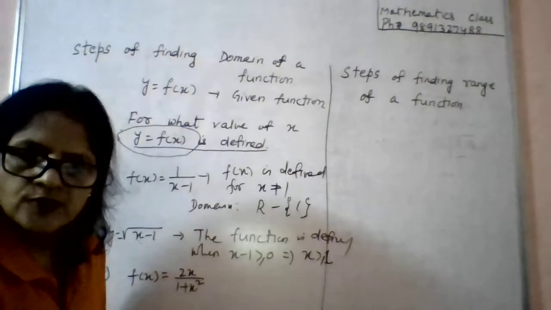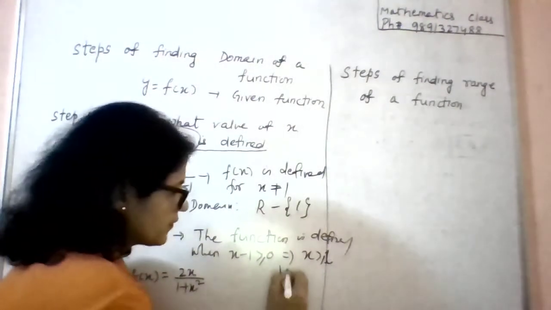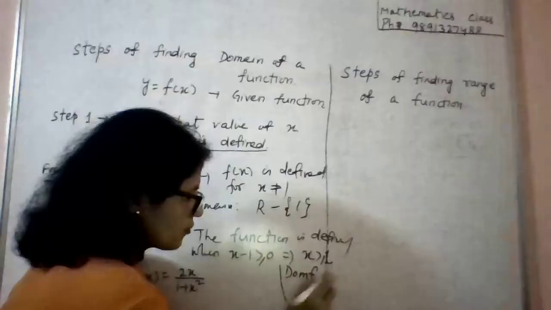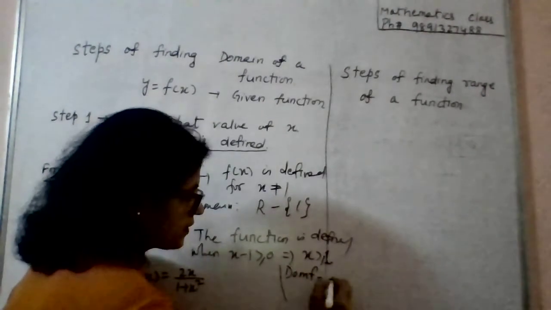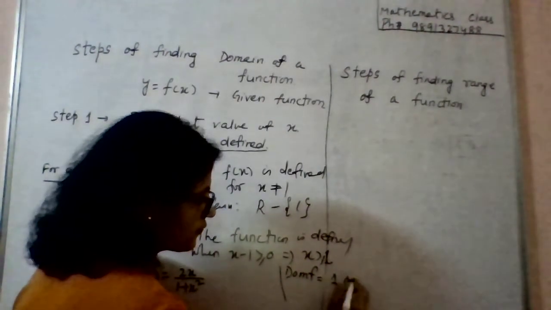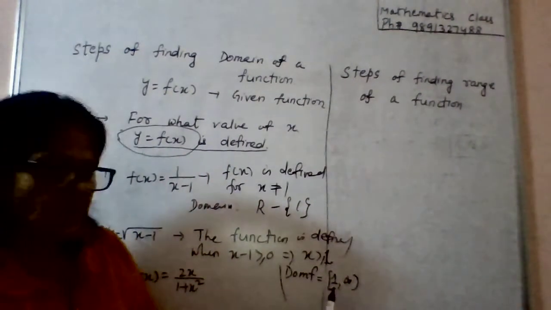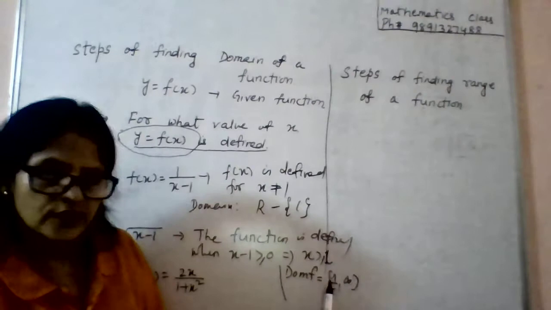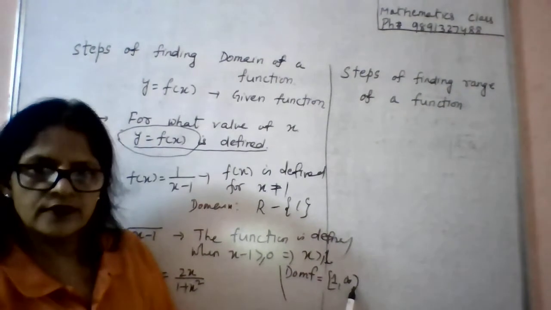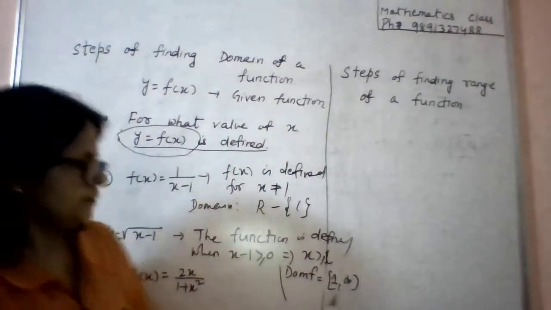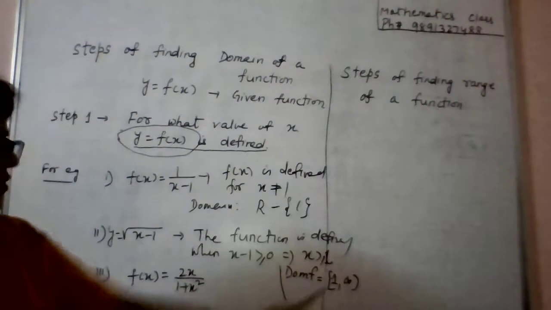The set of all values of x. Here you can write the domain of the function is [1, infinity), right? Greater than or equal to 1, so 1 is included, I mean 1 closed, and infinity, as you know, is always open. So the domain of the function is this.